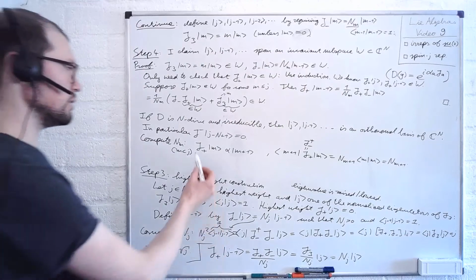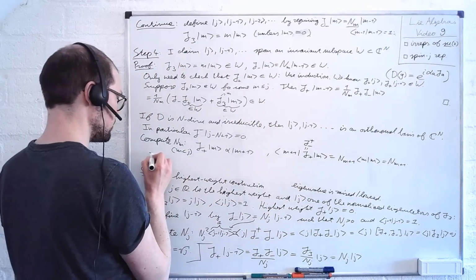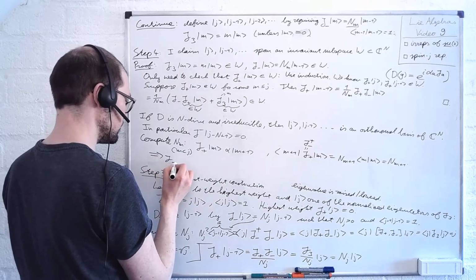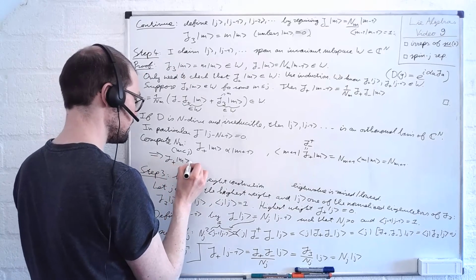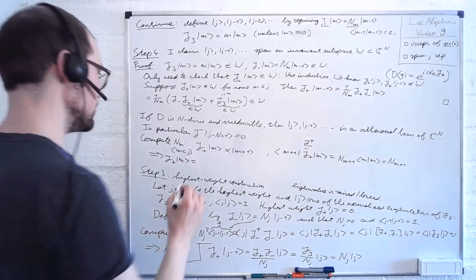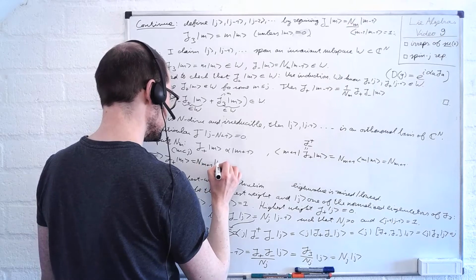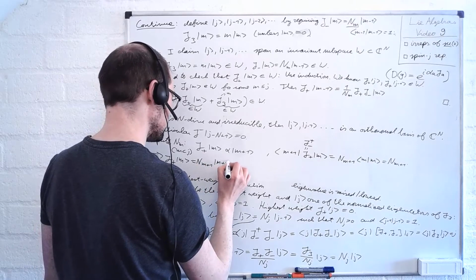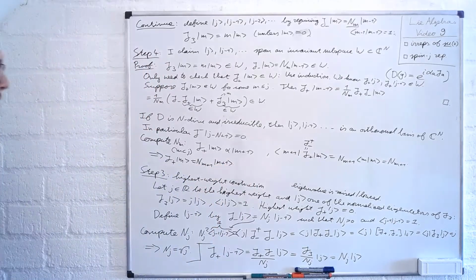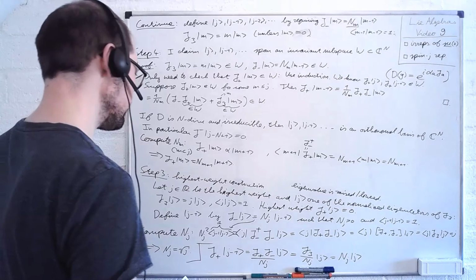So combining these two facts, we now know what the proportionality constant is. We know that j plus m is going to be n m plus 1 times m plus 1.